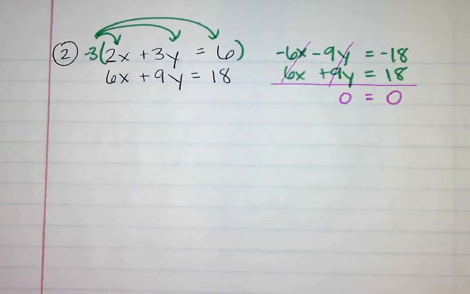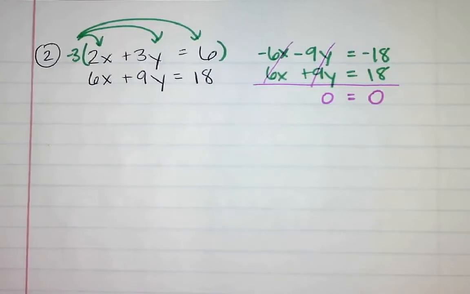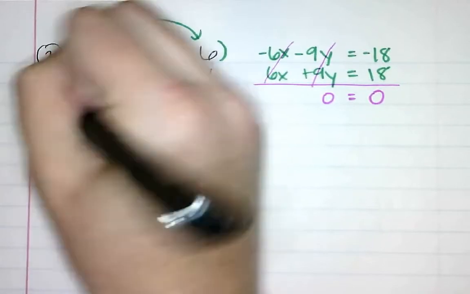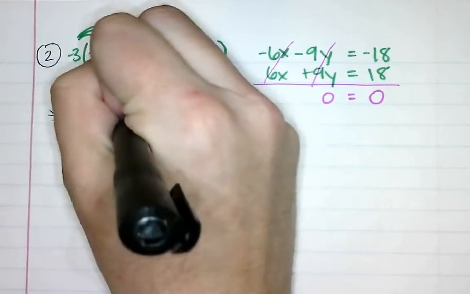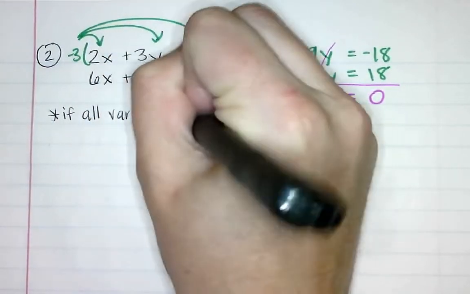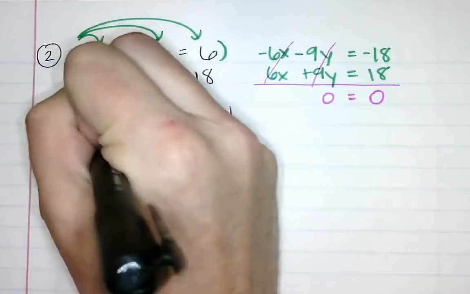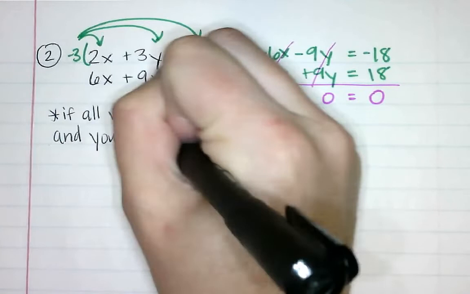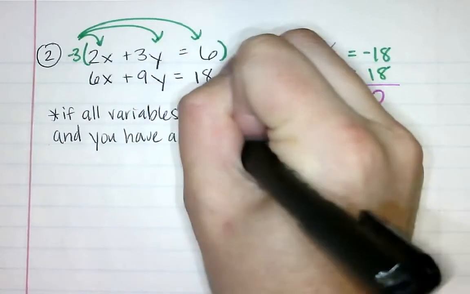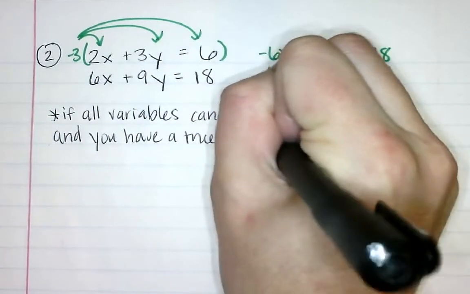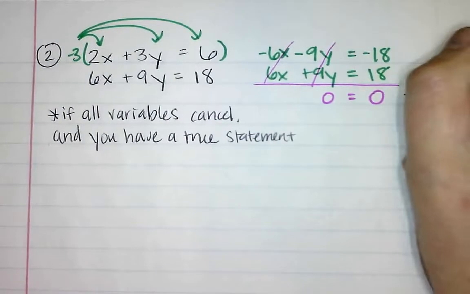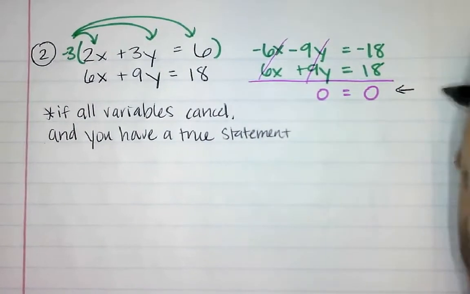So y'all, if all your variables cancel, that's a special case. If all your variables cancel and you have a true statement, because guys, is this true or false? Does 0 equal 0? It is true.